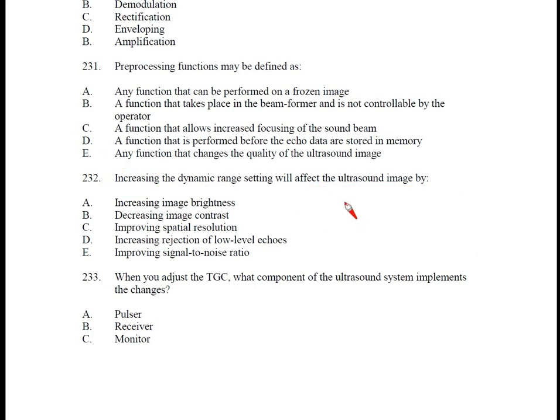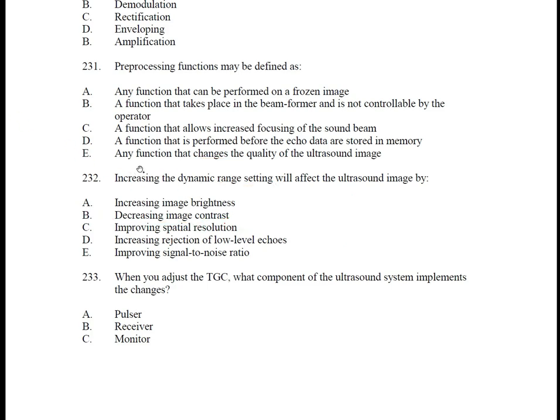On the other hand, if you set a narrow dynamic range, the range of gray tones becomes narrower, but the contrasting areas become more distinct, resulting in increased contrast. The important point in this question is to remember well the effects that a wide and a narrow dynamic range have on an image. Since the question is asking about the wide dynamic range, you should choose option B.